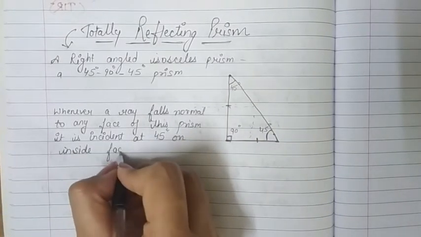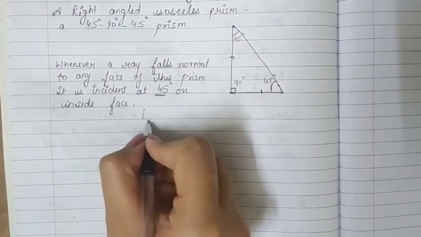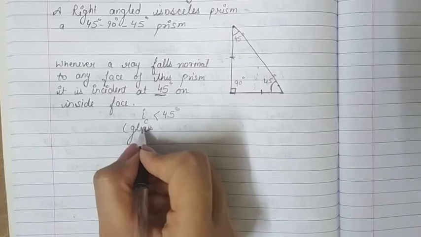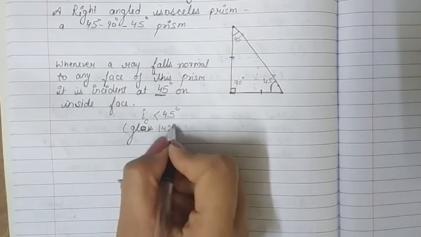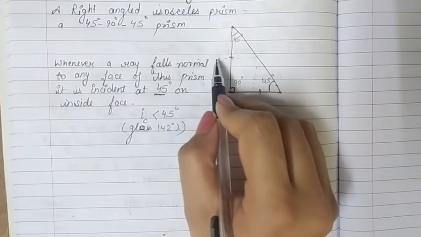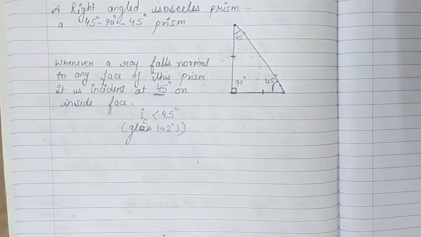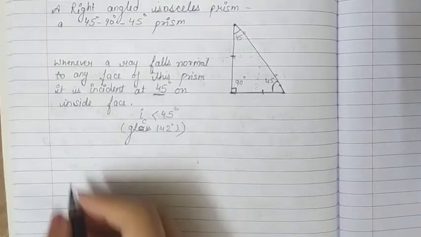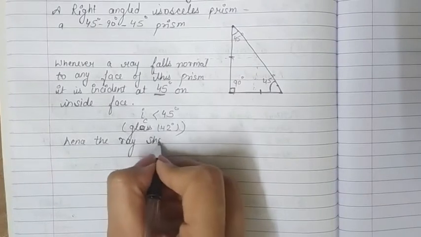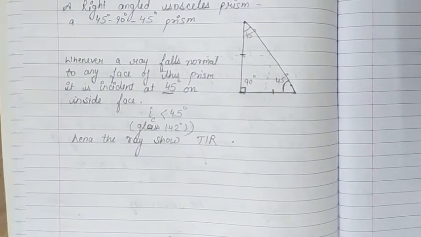Now the significance of 45 degrees is that this angle is greater than the critical angle for glass. For glass the critical angle is 42 degrees and the value of angle we have is 45 degrees. Means the ray which is incident on this surface at 45 degrees will undergo total internal reflection instead of refraction. Hence the ray shows total internal reflection.